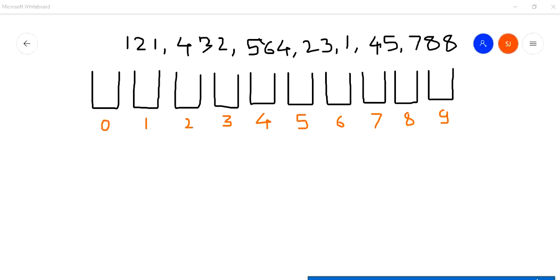In the current semester you are having a subject called digital logic and design. In that subject you have all these things: the binary number system, the octal number system, the hexadecimal number system, and the decimal number system that we are using.